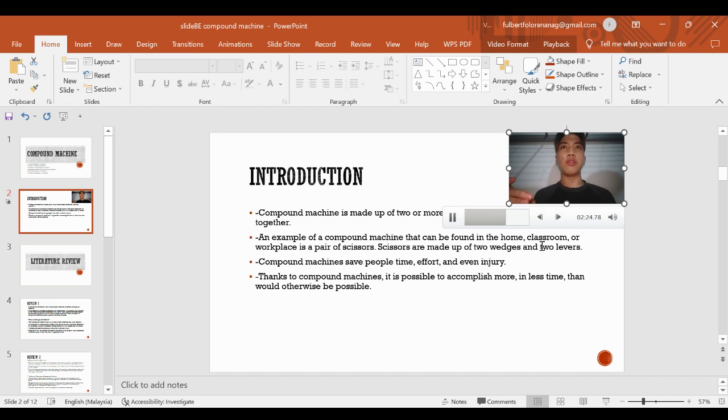Compound machines also have more moving parts than simple machines, so they usually have more friction to overcome. As a result, compound machines tend to have lower efficiency than simple machines. Lubricants such as oil or grease can be used to coat the moving parts of a machine so they slide more easily against each other.